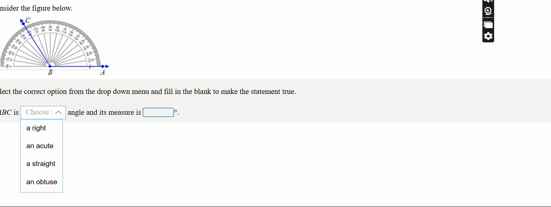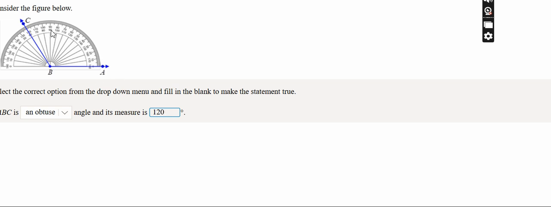You can directly see from the graph that it's 120. So it's going to be obtuse and it's 120. This is easy. You just need to focus on the fact that it's an angle larger than 90, zoom in on the shape, and you will see that the angle is 120. Do you understand? Then we can go back.